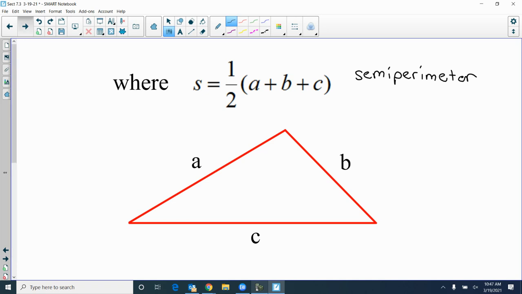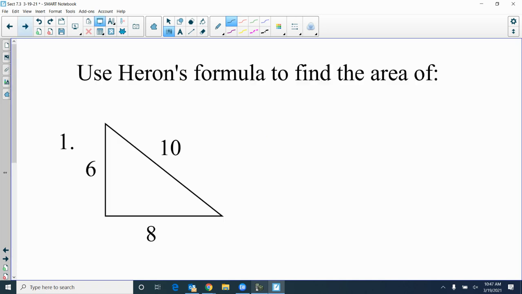All right, let's take a look at the first one here. Go ahead and put 6, 8, and 10 for your 3 side lengths. Let's find S, which is 1/2 times 6 plus 8 plus 10, which in the end is 12.